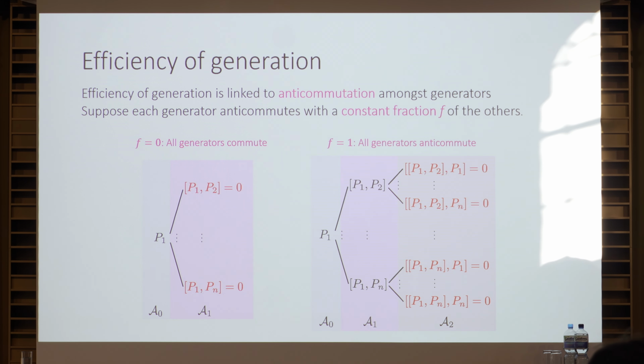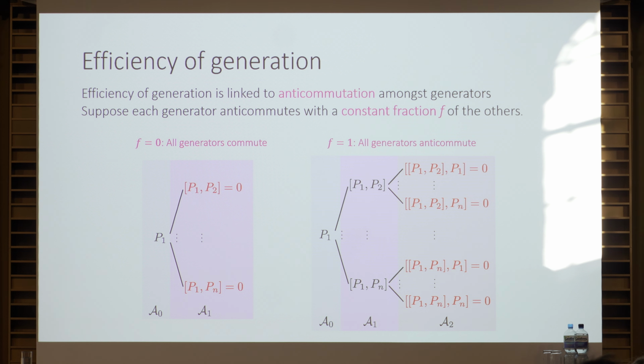But you would think that having a lot of anti-commutation is good. At 1, this is of course not ideal, because you can generate a lot of new Paulis in one step, but after this one step you are done. Which is basically also why this gives you these free fermion models.